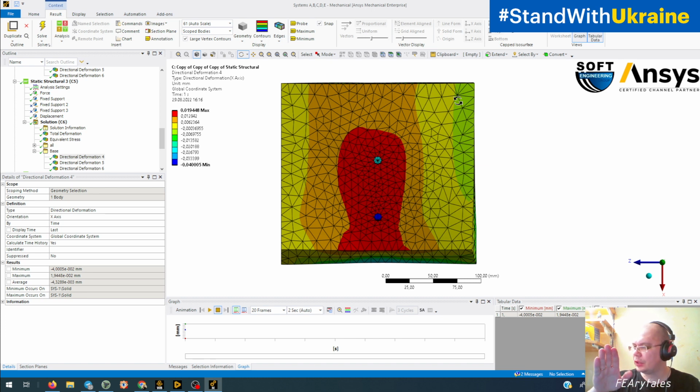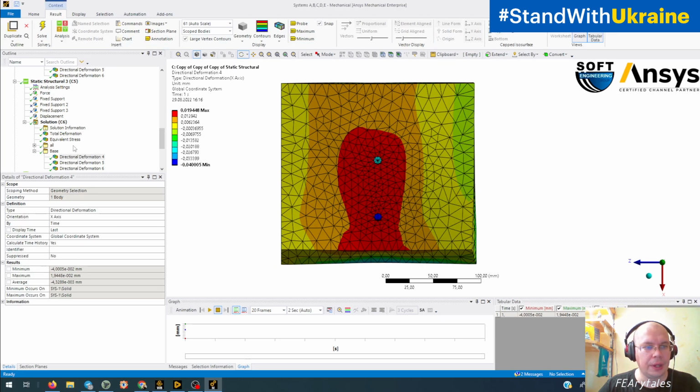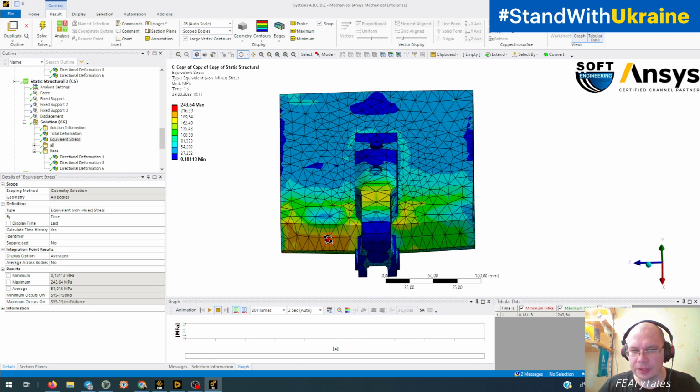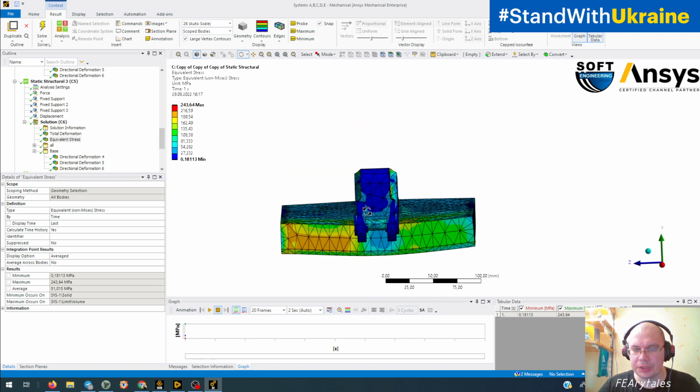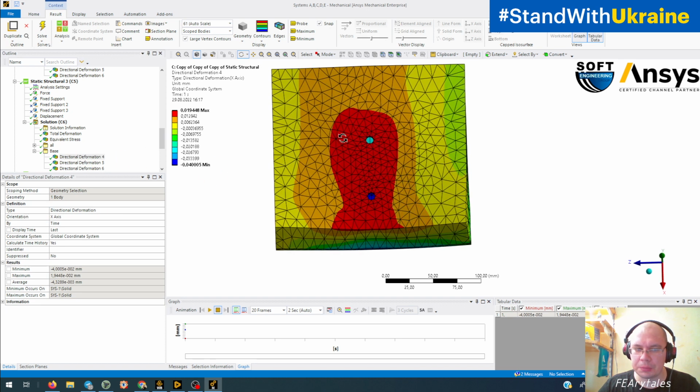We see that this side tries to deform first of all. Second, we see that this deformation distribution is not symmetrical, and even the stress distribution is not symmetrical for the base, and we see some difference here, but this difference does not come from the mesh.